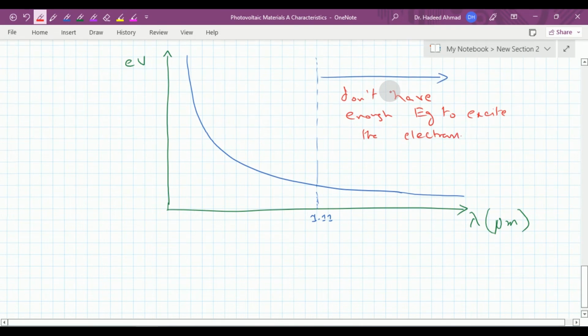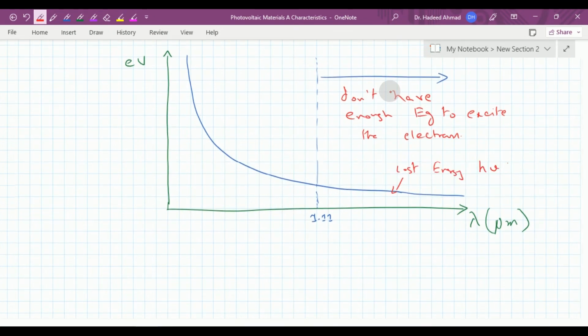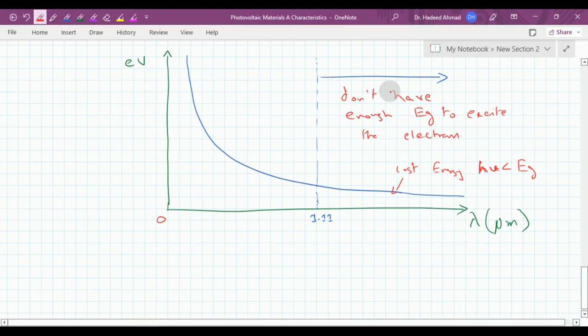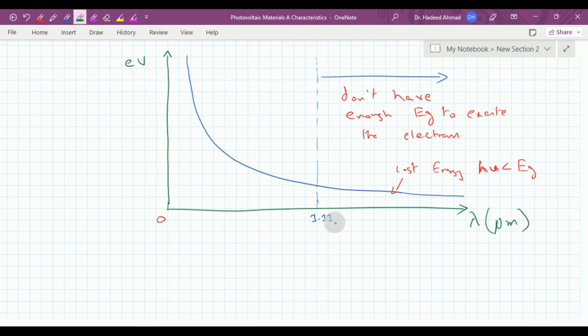So whatever is the spectrum available here is actually a lost energy. We cannot harness this energy, because this hν is less than the Eg. And this is the same thing that I've written here in the form of text. And if we start with this zero point, this whole side is actually usable energy.